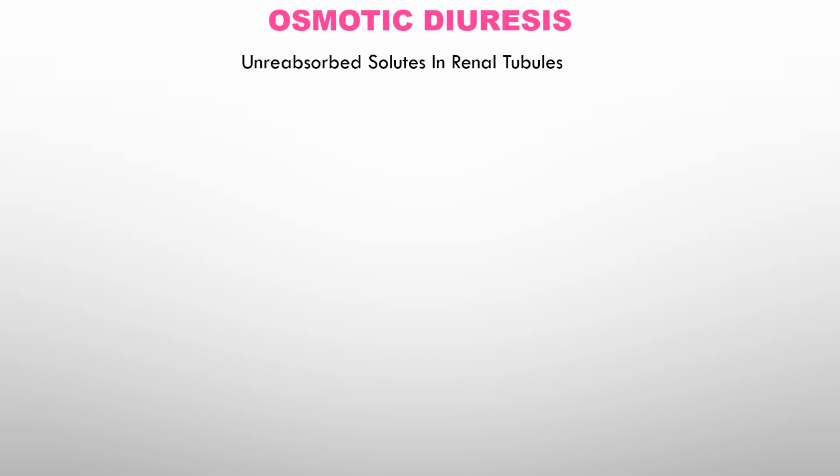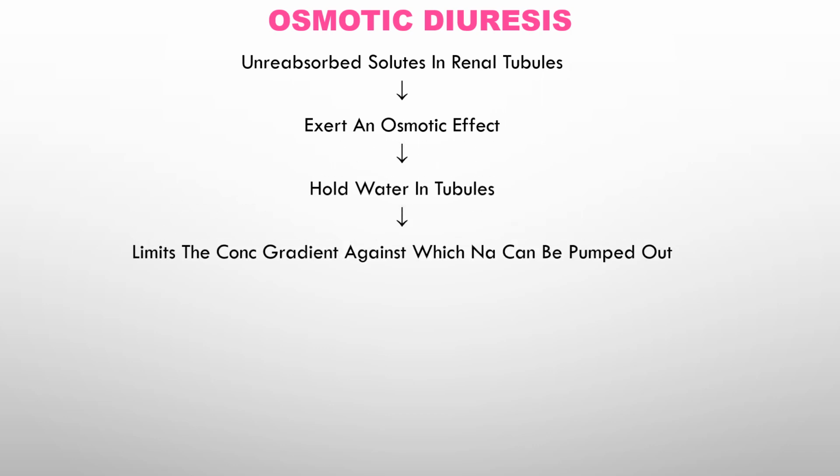Unabsorbed solutes reach the renal tubules, which creates an osmotic effect. That holds more water in the tubules, which limits the concentration gradient against which sodium can be pumped out.